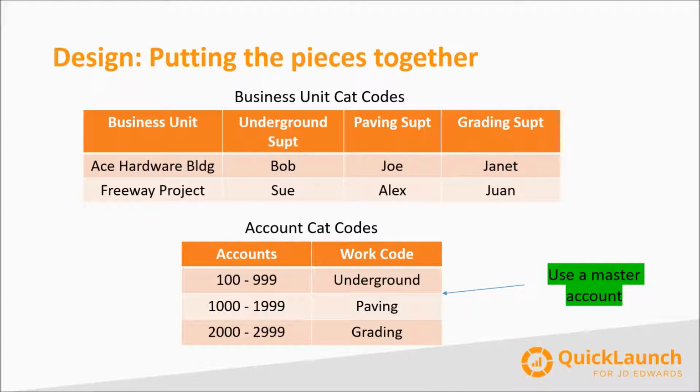It's really tough to do without some specific tools or skills. But if you do it at the account master level and say that those account cat codes apply across your company, then you really simplify managing those codes. So we do recommend you do it that way.